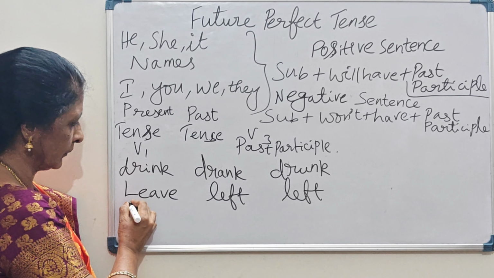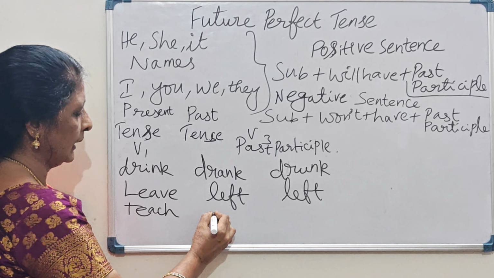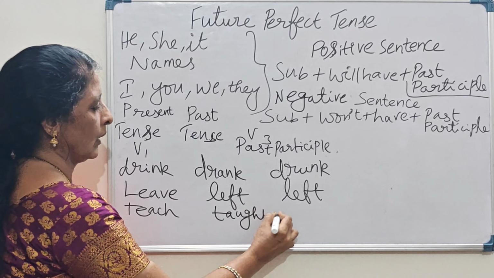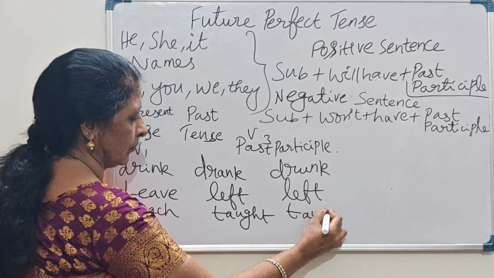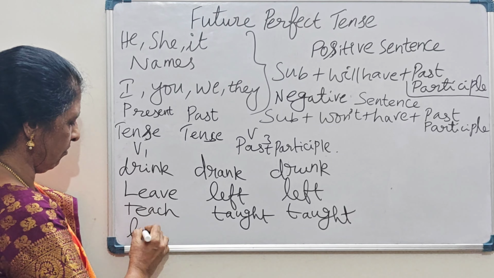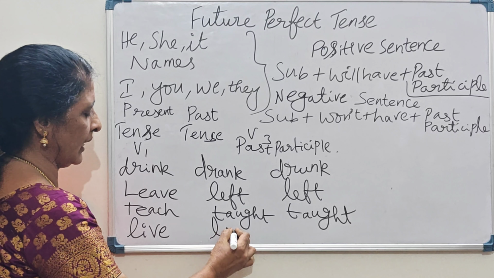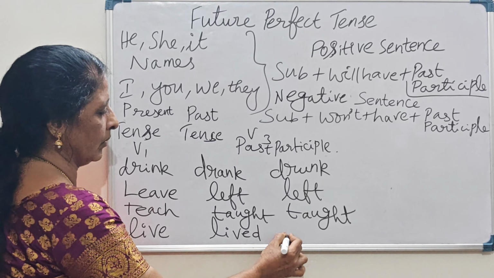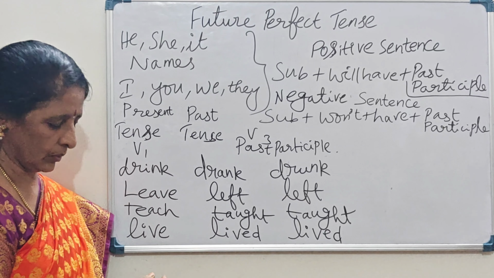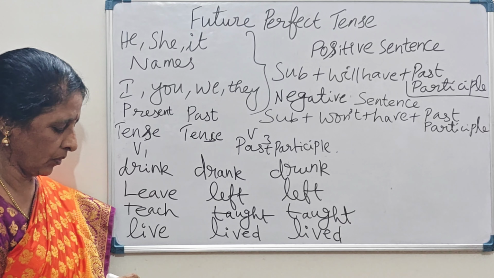Next, you can take teach, thought, thought. Live, L-I-V-E, live. Lived, L-I-V-E-D, lived. Now you see this one, three forms of the verb.